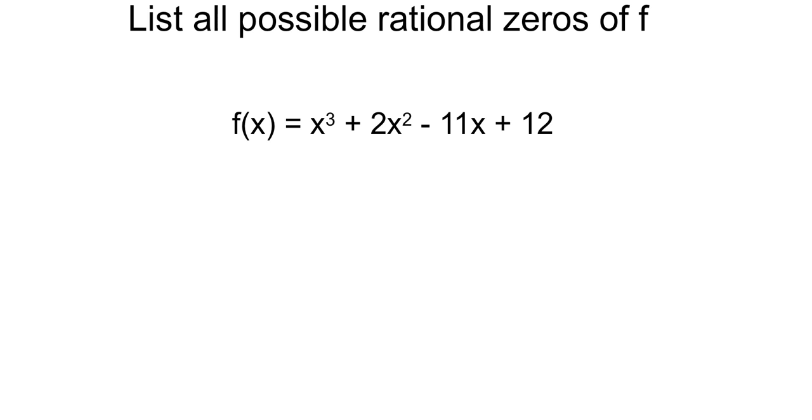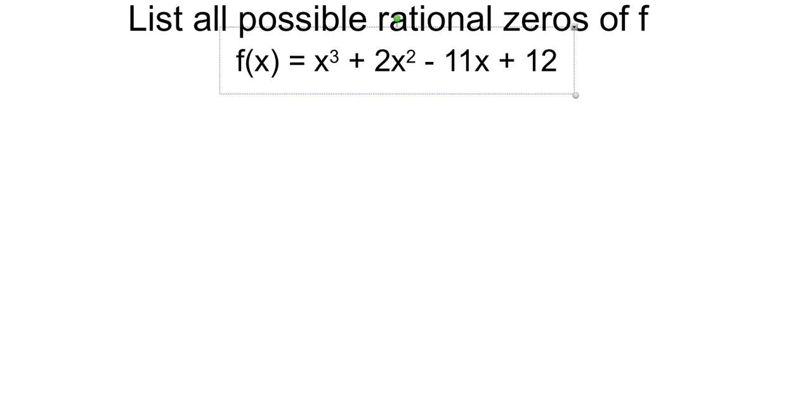So here's my function. I can find where this crosses the x-axis. How have we been solving functions and polynomials so far? Factoring. Great. So all we have to do is set this equal to 0 and factor, correct? Can we factor this? No, we cannot.